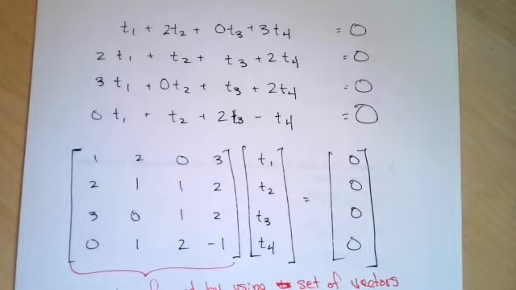Meaning the span of this set of four vectors can be obtained equivalently with a span of only three of the vectors. So maybe we'll try to clarify that after this example.